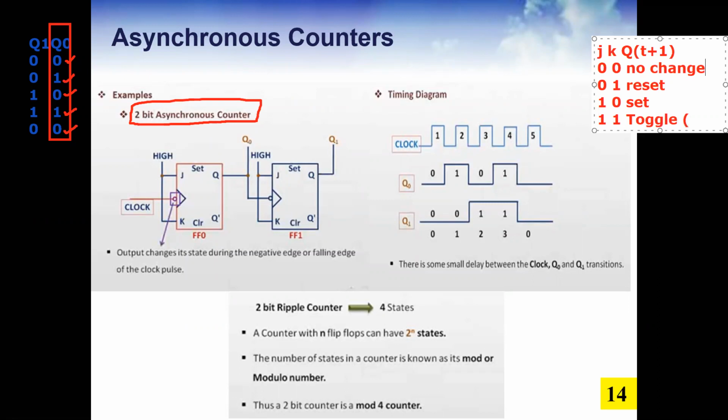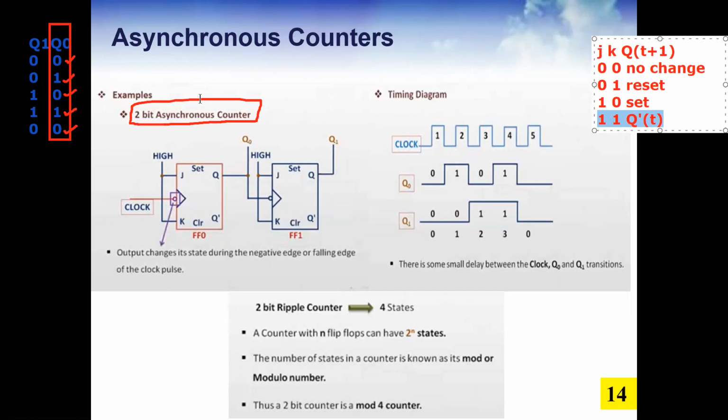Yani it is basically the complement of the previous value. I can write it in place of toggle: Q(t+1) will be Q complement, the complement of the previous value. So the point is when both J and K are set to 1 1, the next value will be the complement of the previous value.